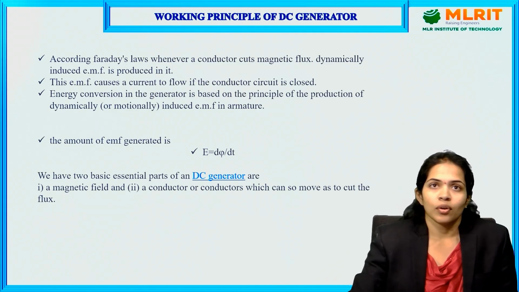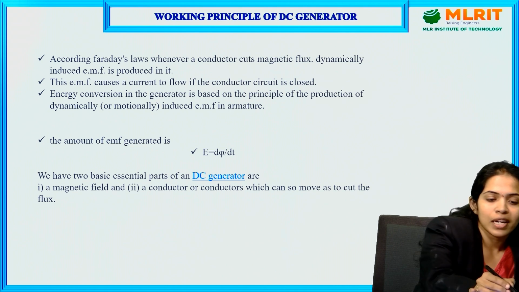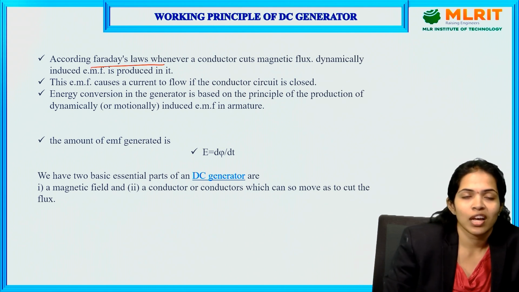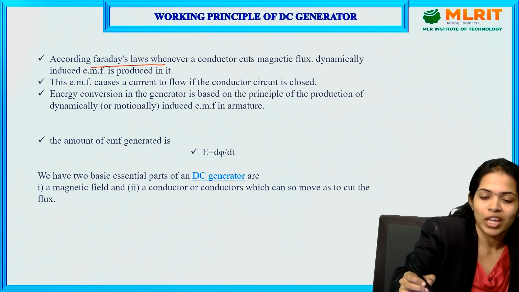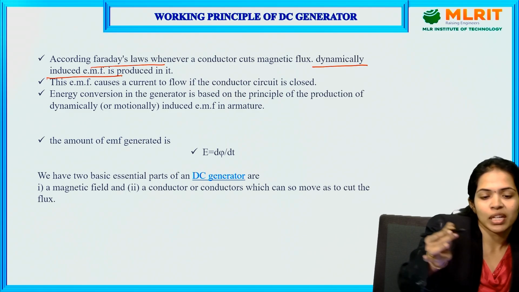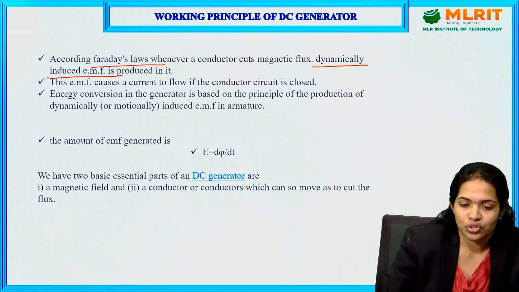The working principle of a DC generator involves Faraday's laws of electromagnetic induction. As discussed in the previous slides, we have two cases: when the magnet is stationary and when the current carrying conductor coil is stationary. In both cases, we consider the dynamically induced EMF as the working principle of our DC generator.